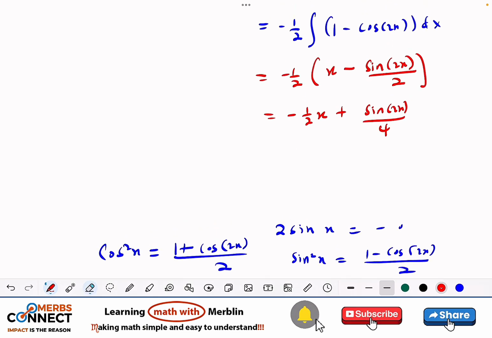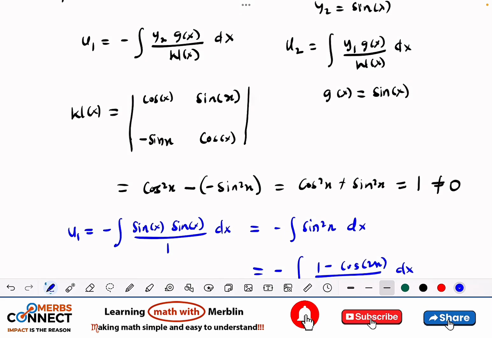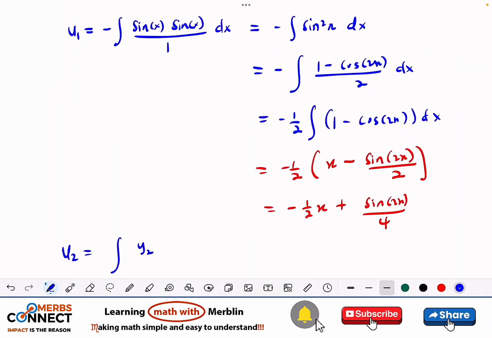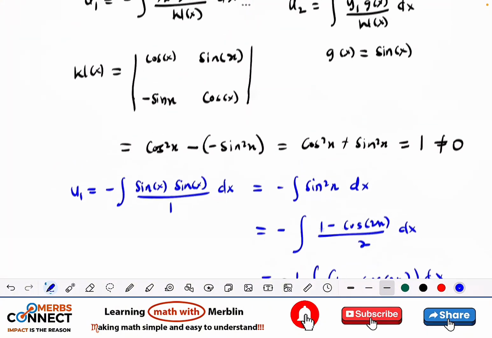So this is u1. Let's look for u2. u2 is y1 times g(x) over the Wronskian.